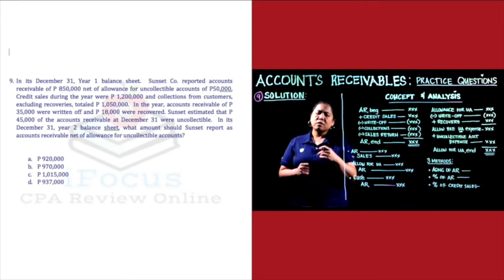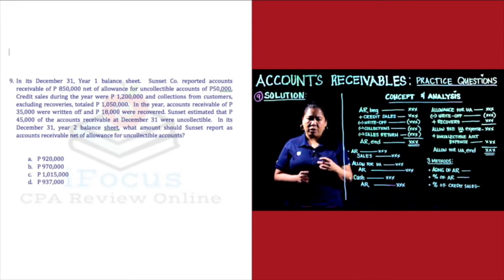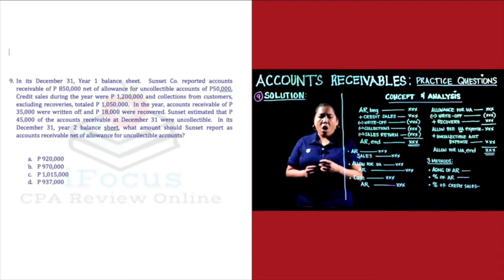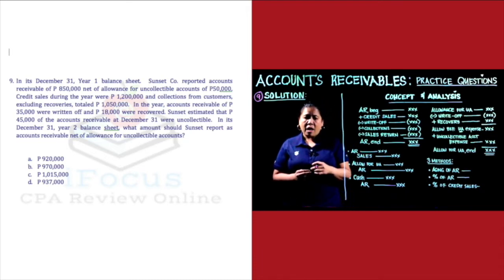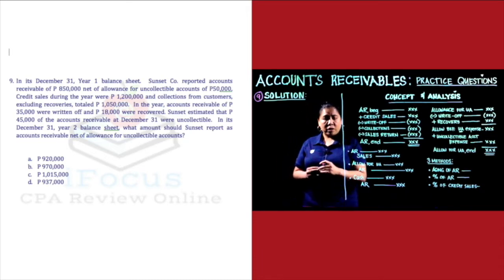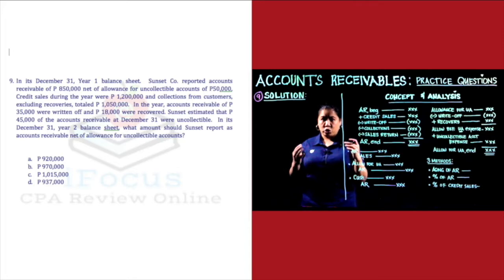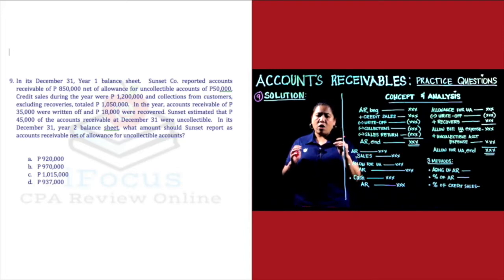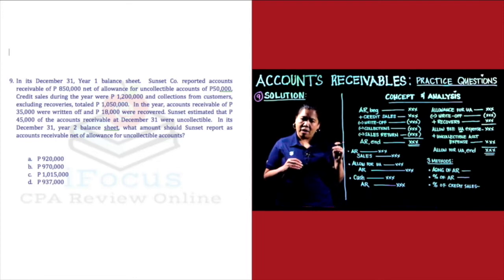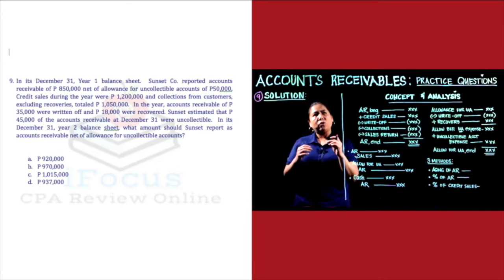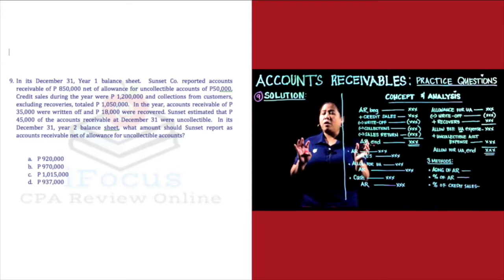So, in its December 31st, year 1 balance sheet, Sunset Company reported accounts receivable of 850,000, net of allowance for uncollectible accounts of 50,000. Remember, ang hinahanap ng problem natin ay year 2. So, itong 850,000 net of the allowance for uncollectible accounts of 50,000, ito yung net realizable value last year.